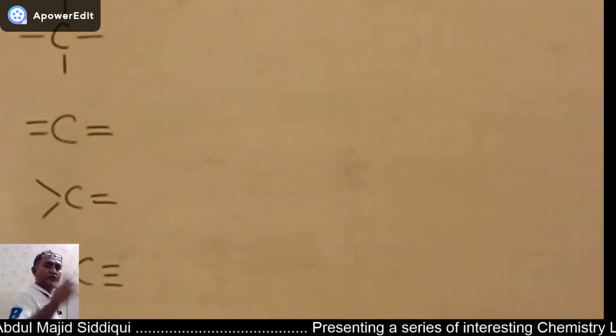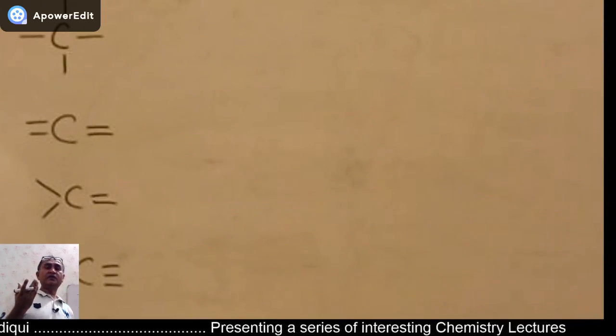Okay? Who gave this concept? Mr. Kekule. He proposed the valency of carbon is 4. Now, before we proceed further, another question. What is the reason that carbon has such an enormous number of compounds?